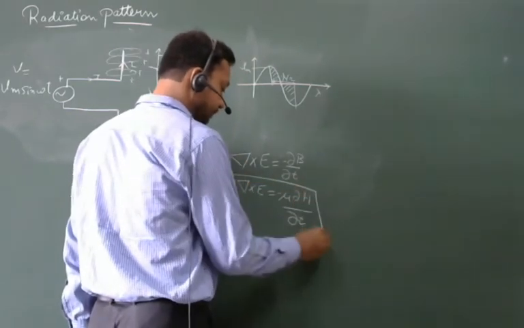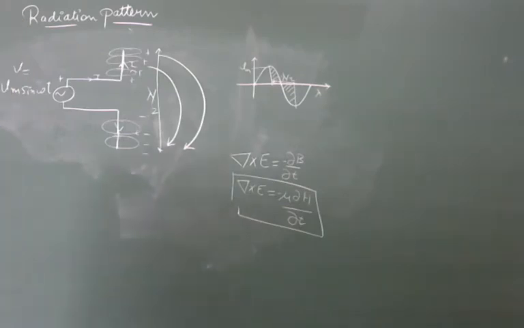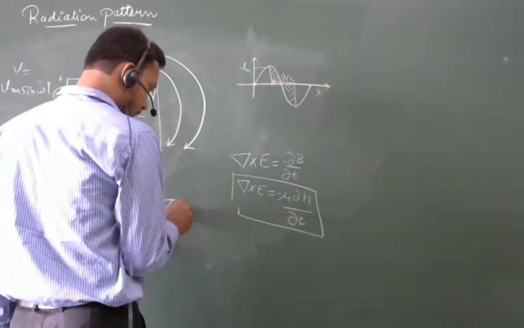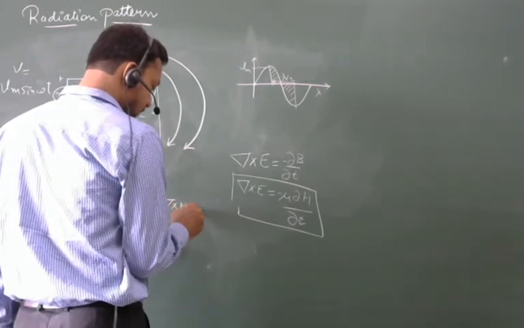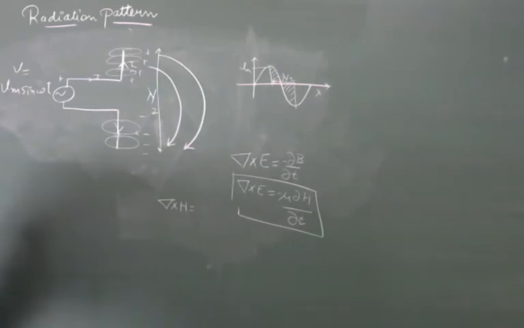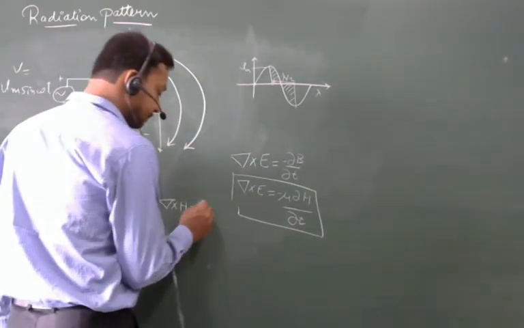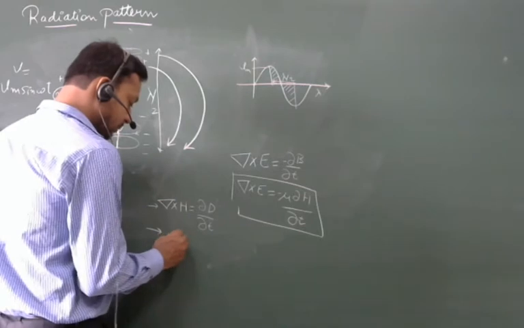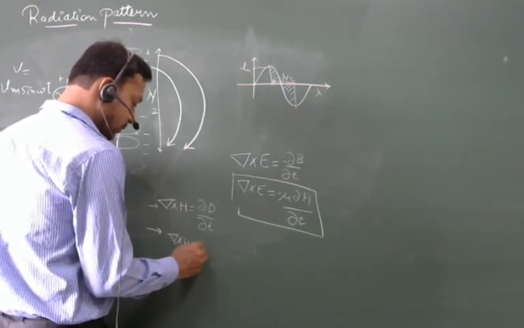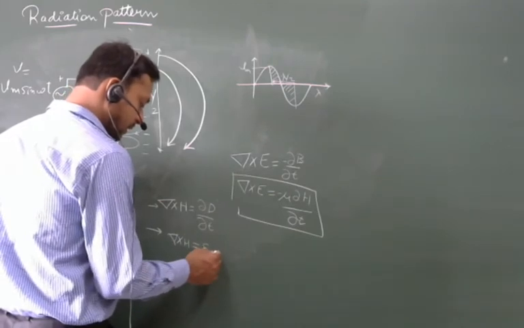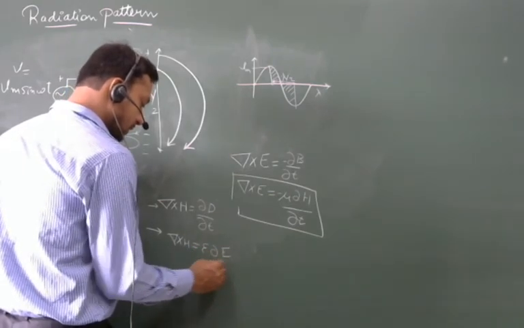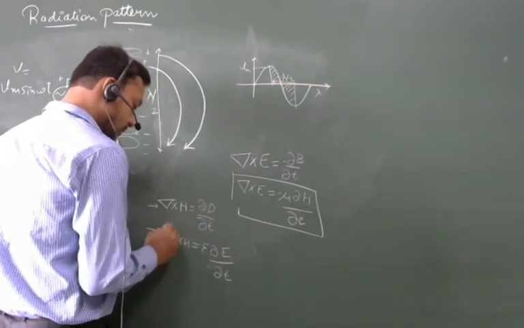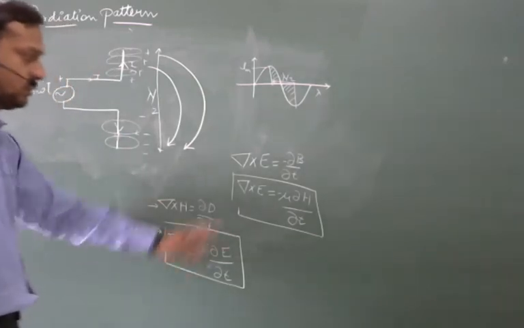And we have another Maxwell equation: del cross H is equal to, neglecting the conduction current Jc, we only take the displacement current del D by del t, so del cross H is equal to epsilon, for any given medium, del E upon del t. So we have these two equations.